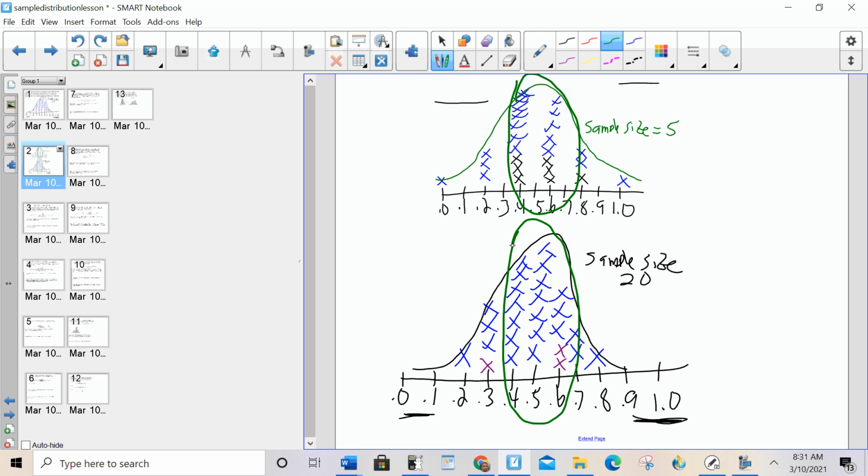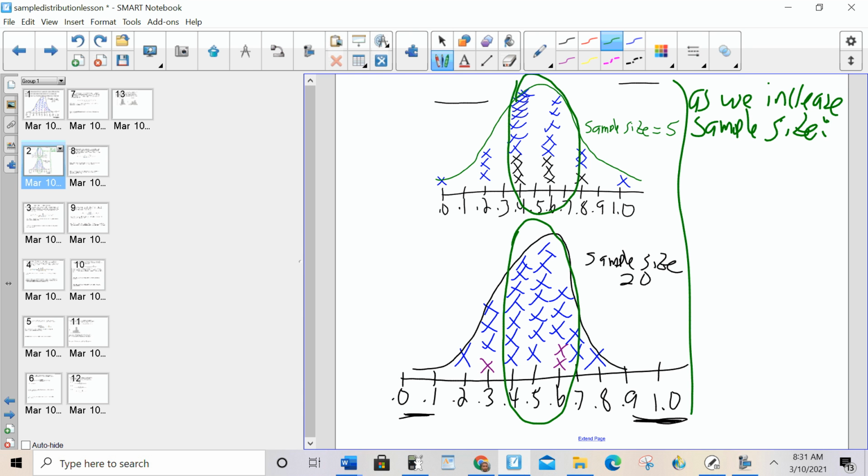So as we increase sample size, the mean relatively stays the same.